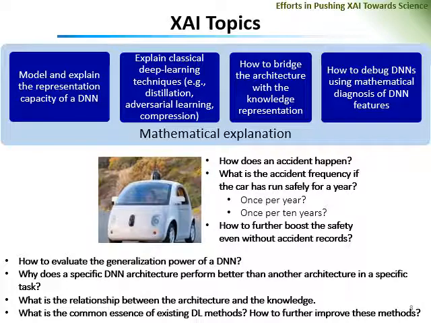Nowadays, people only search different architectures for the neural network and test their performance. But how to mathematically bridge the architecture and its performance is a very challenging issue nowadays. Finally, how to debug the problems inside a neural network.